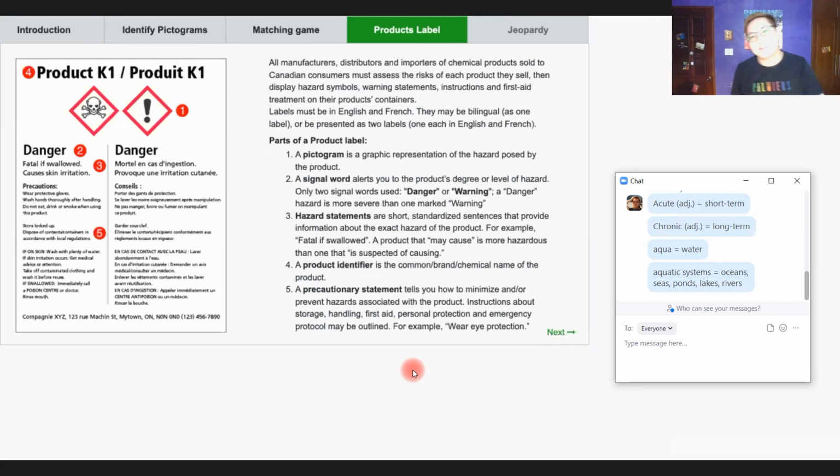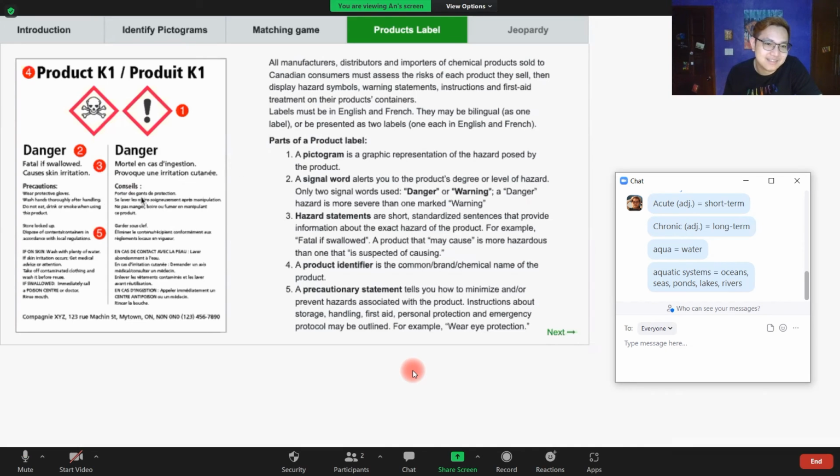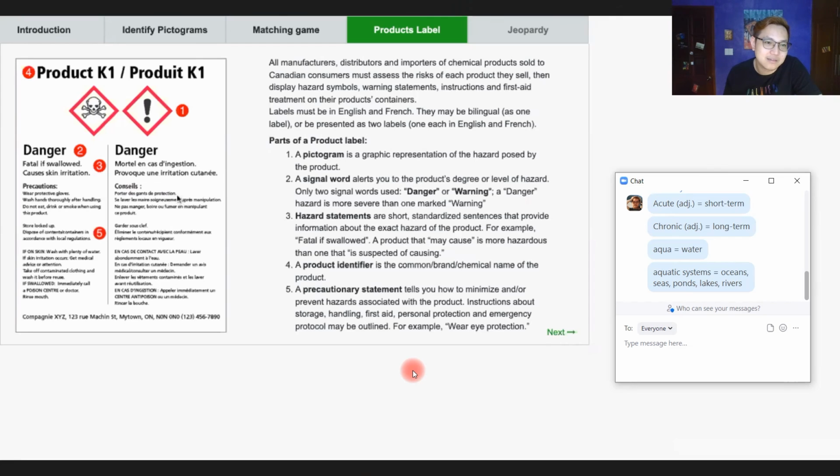It's like when I was in kindergarten. And then since then, équipement de protection, gants. Okay, gants is like gloves. Manipulation, yeah. French is weird. I know.